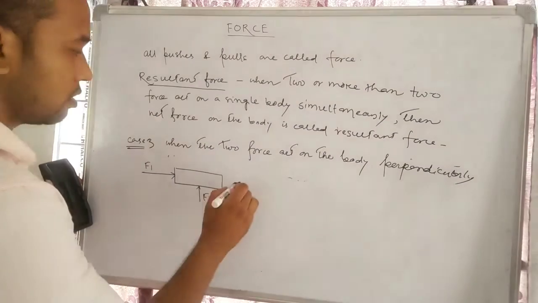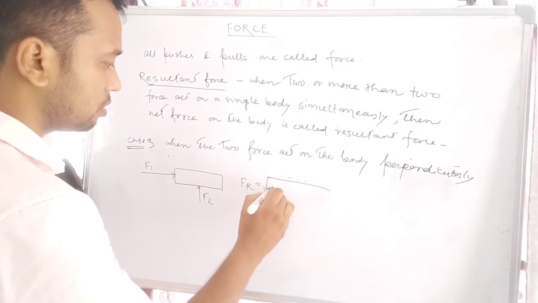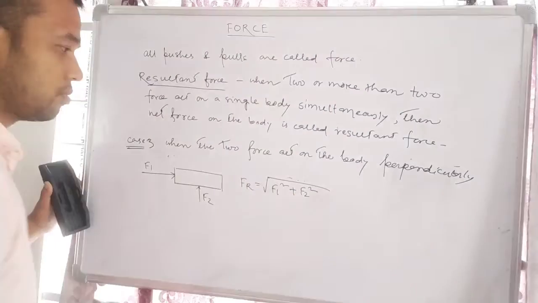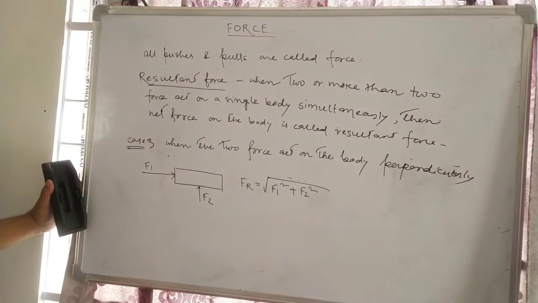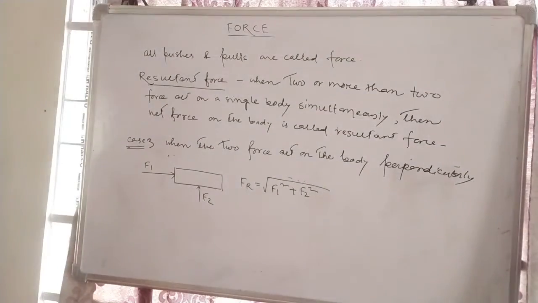So in this case, the formula for resultant force is equals to the square root of F1 square plus F2 square. Okay. In this case, what will be the direction of the resultant?